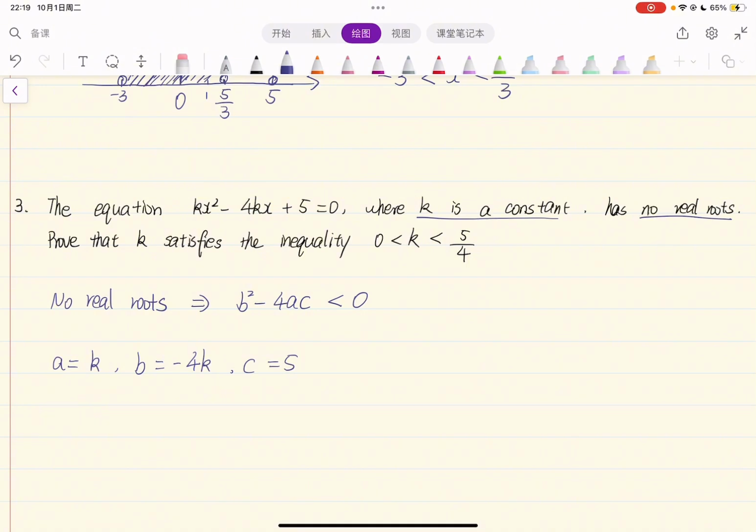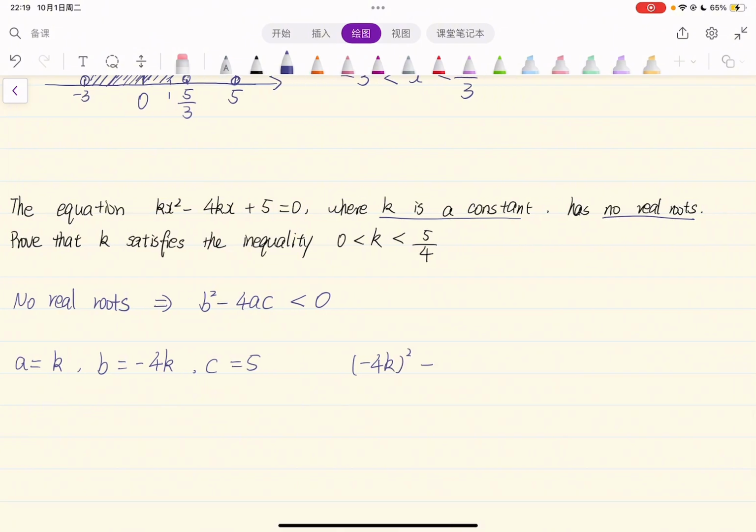What do we get? We get (minus 4k) squared minus 4 times k times 5, which equals 16k squared minus 20k.